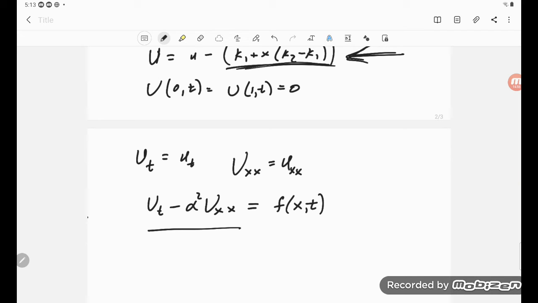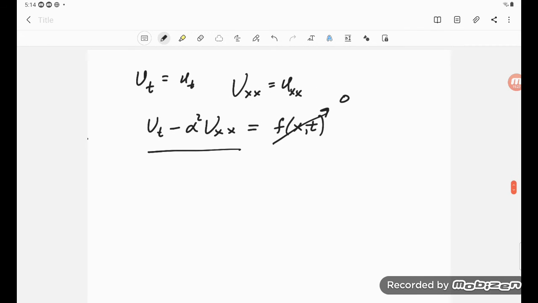Okay, and if this happens to be equal to 0, then we already know how to solve this problem. If it's not 0, we don't know how to solve it, because we haven't gotten far enough in the lessons, but as long as that's homogeneous, then under these conditions, we do know how to solve this problem.